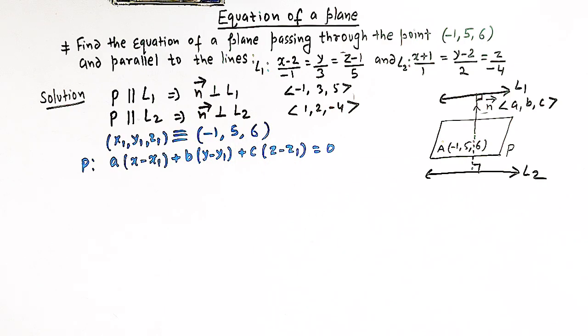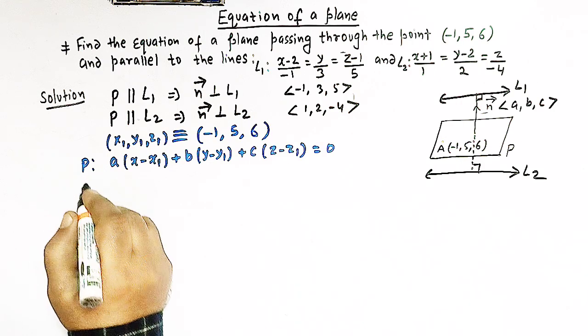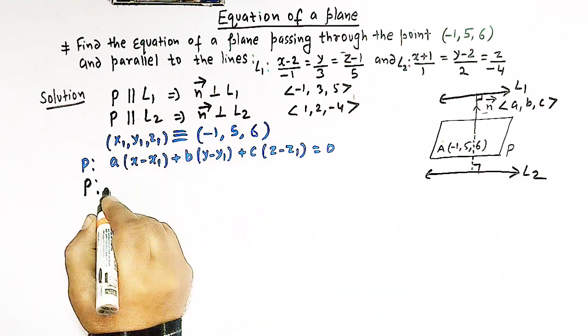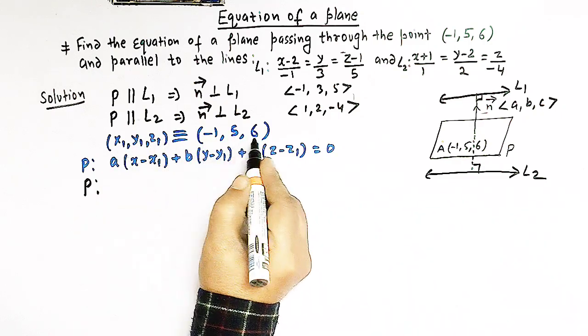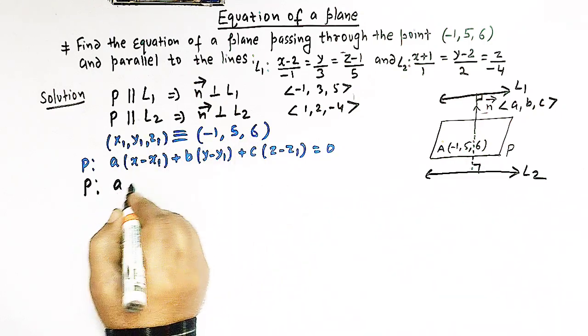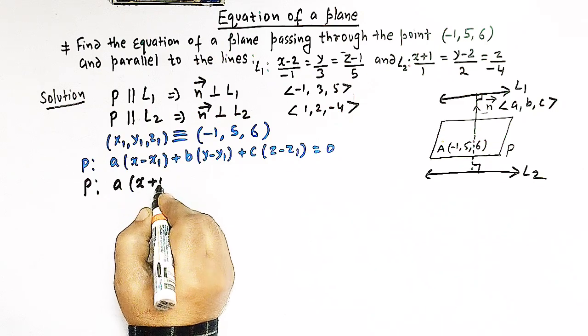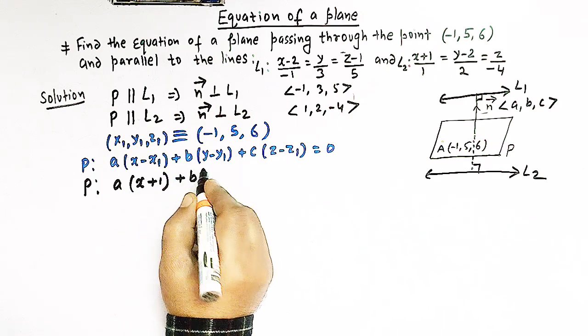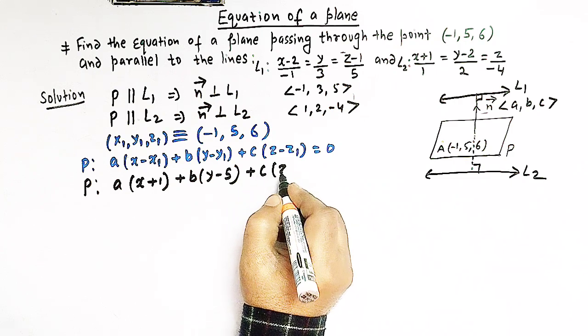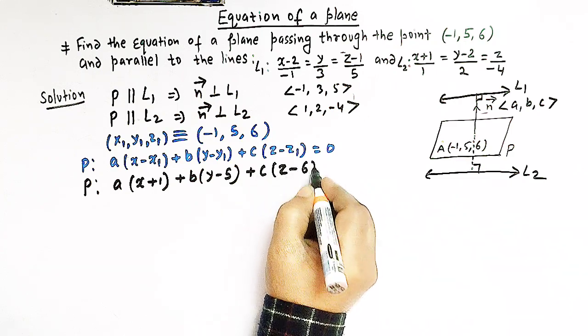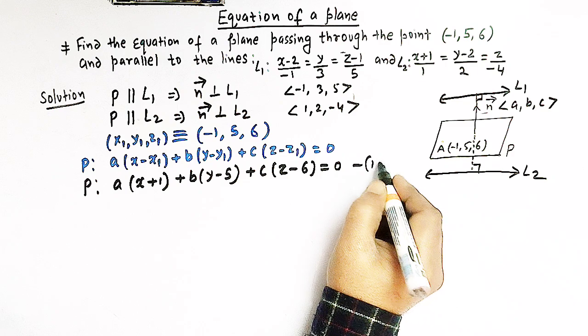So we can now write the equation of the plane P, substituting the values of x1, y1, z1 as -1, 5 and 6: A times (x plus 1), plus B times (y minus 5), plus C times (z minus 6), is equal to 0.